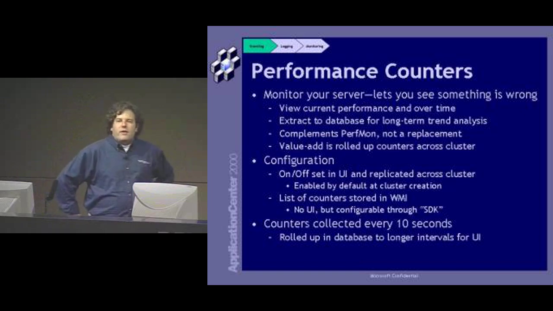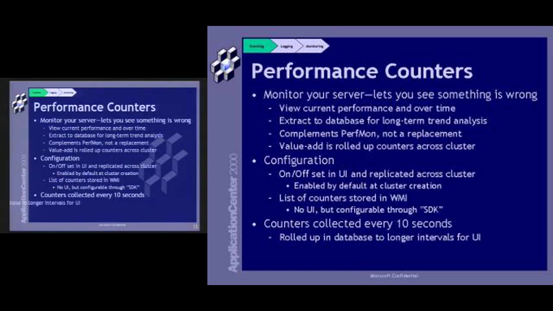We collect counters every 10 seconds, but to display longer periods of time, like a day, a week in the UI, we roll those values up into longer intervals, 1 minute, 15 minute, 1 hour. And that's to optimize both for space and for query time.